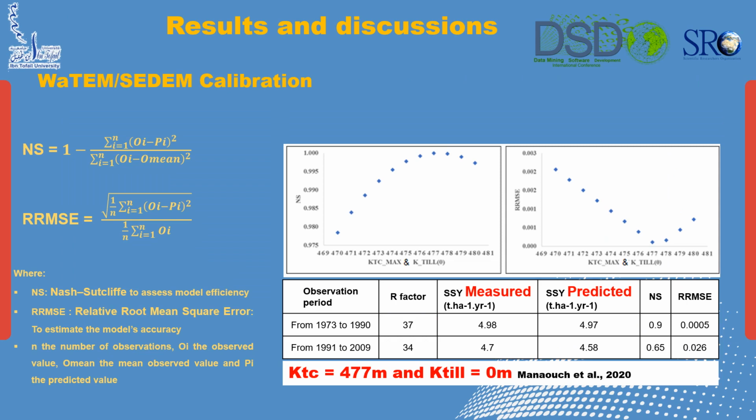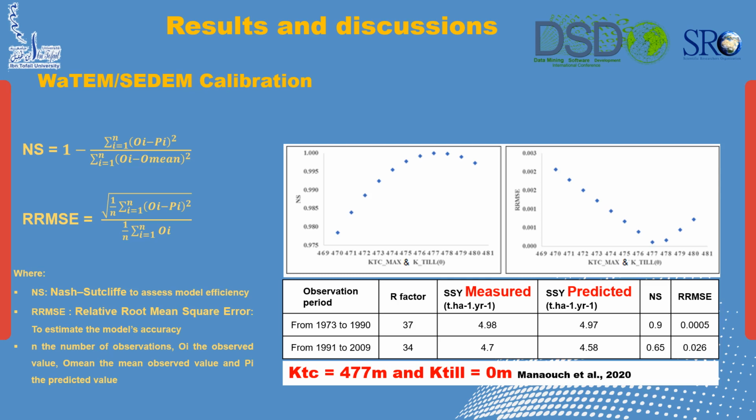We talked before about WATEM-SEDEM calibration. This operation consists in changing KTC and KTL until we obtain the same result from the simulation of the model and the measured data.